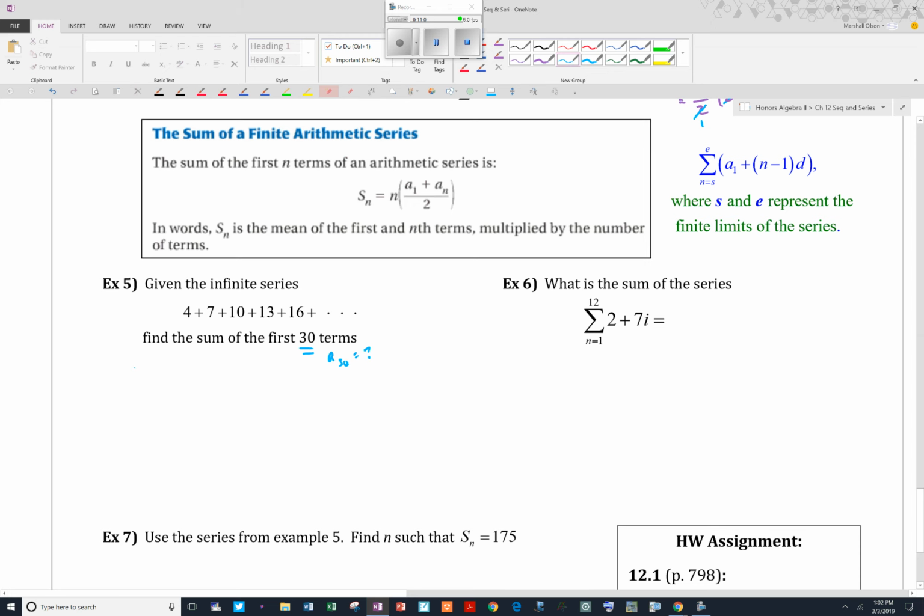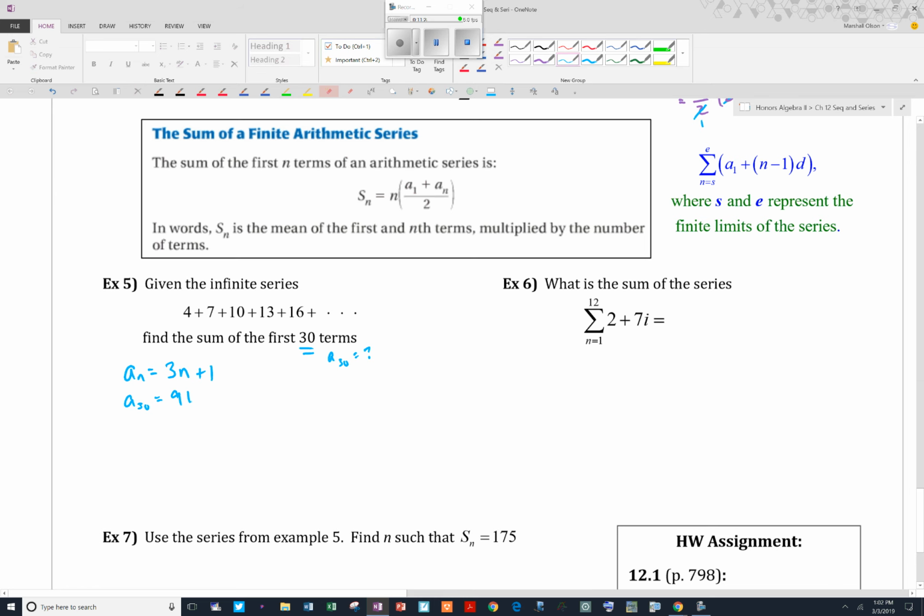So let's come up with the rule. A sub n would equal, looks like our common difference is 3, and the term before 4, if I went back, would be 1. So 3n plus 1 is our rule for the nth term. So a sub 30 would be 3 times 30, which is 90, plus 1.